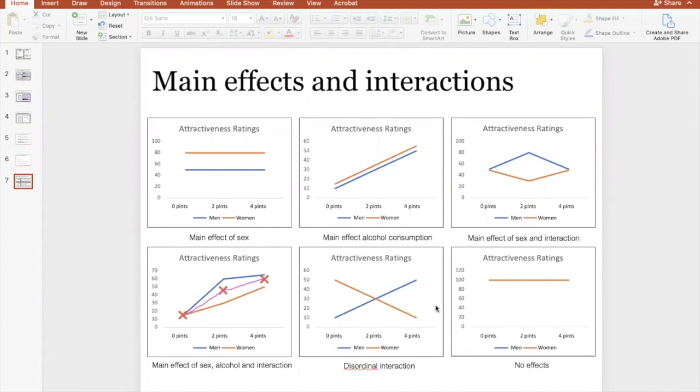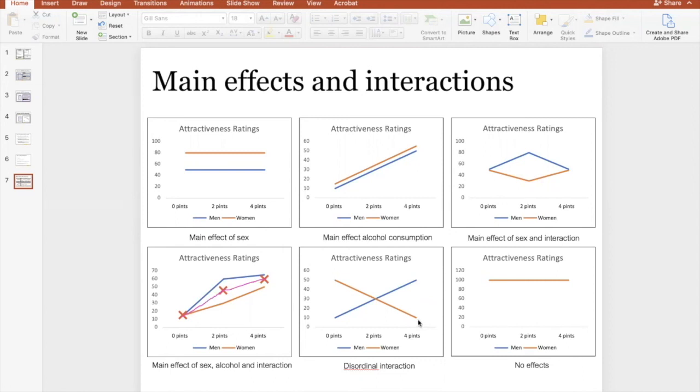All right, and then the bottom middle, we can see we definitely have an interaction because the lines actually cross. And this is specifically called a disordinal interaction. In this example, at 0 pints, women are rating attractiveness much higher compared to men, and that effect actually flips. At 4 pints, we can see that men are rating attractiveness much higher compared to women.